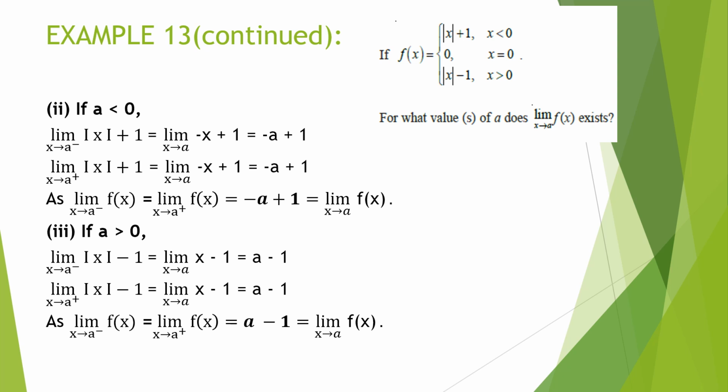So this is the limit as x tends to a of x - 1. Put x as a, so it is a - 1. Similarly, the limit as x tends to a plus of |x| - 1 is the limit as x tends to a of x - 1. Put x as a, it is a - 1. Your left hand and right hand limits are the same, and that is equal to a - 1. So in the third case, if a is greater than 0, the limit of the function is a - 1.